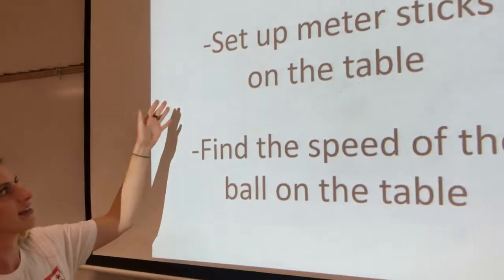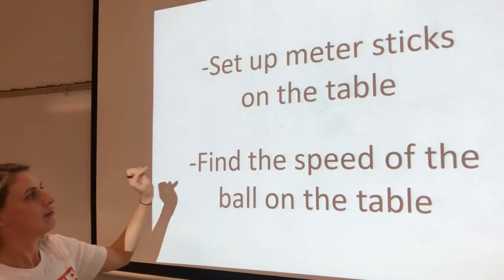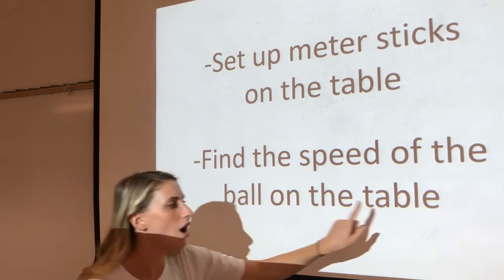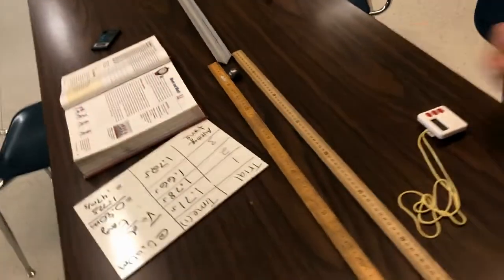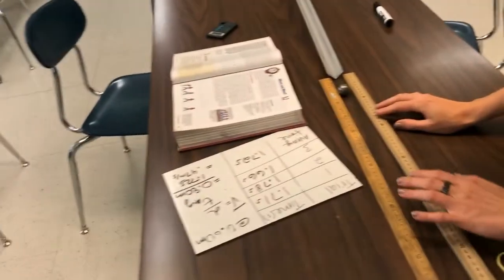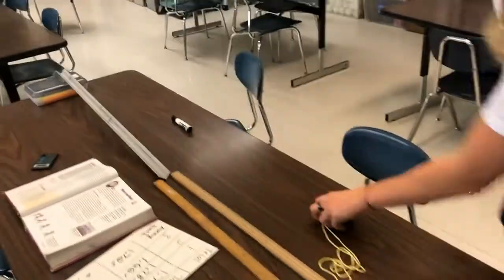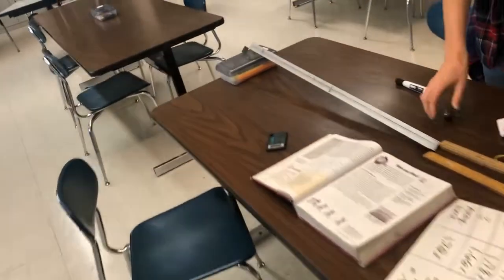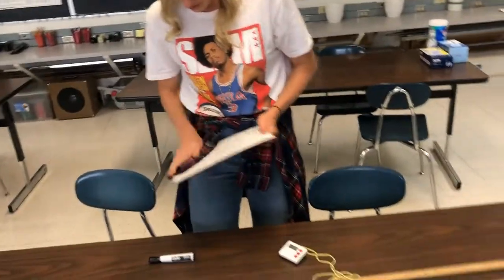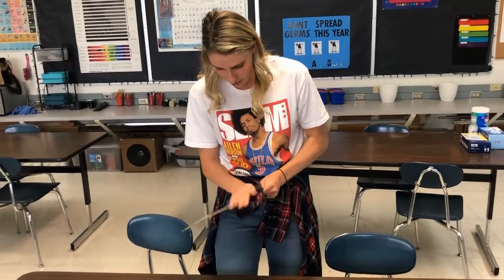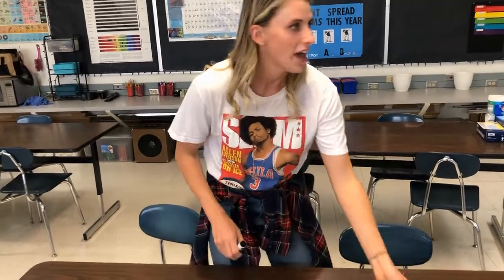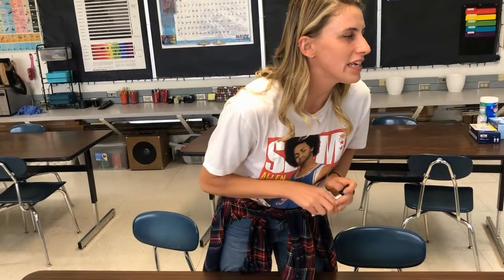Set up meter sticks on the table. Find the speed of the ball on the table. Here are meter sticks. All right, so it says find the speed of the ball on the table.